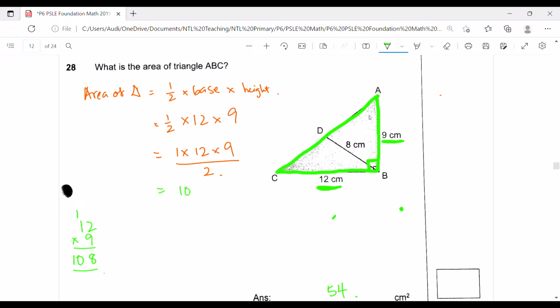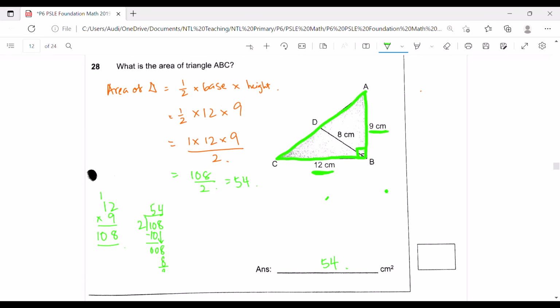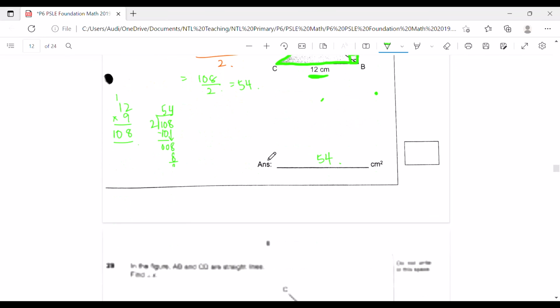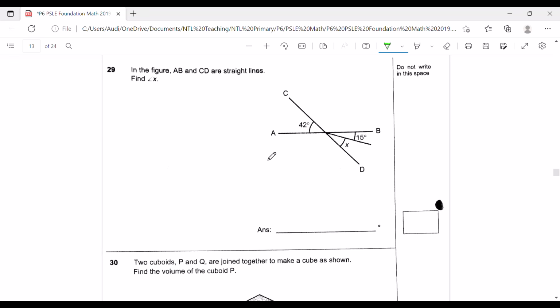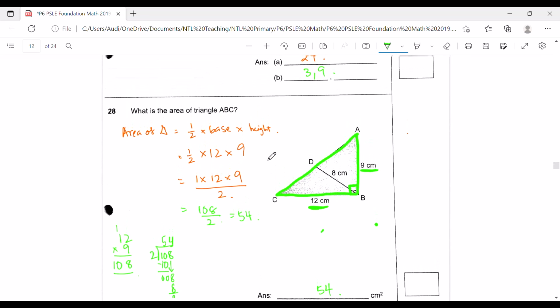So we get 108 divided by 2. Then we divide 108 divided by 2. We get 5, 0, 0, bring down 8, 4, 8, 0. Okay, same answer, 54. Alright, so what you do is pause the video, try it out on your own, and then you can continue. Okay, I will stop here first. We will continue on the next video, inshallah.